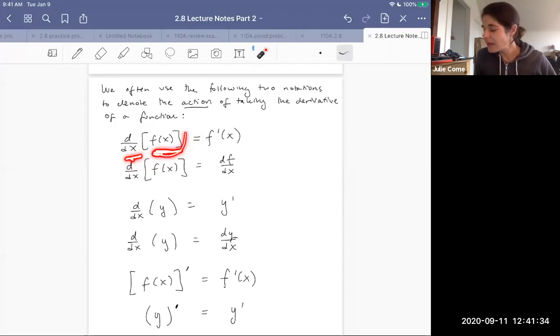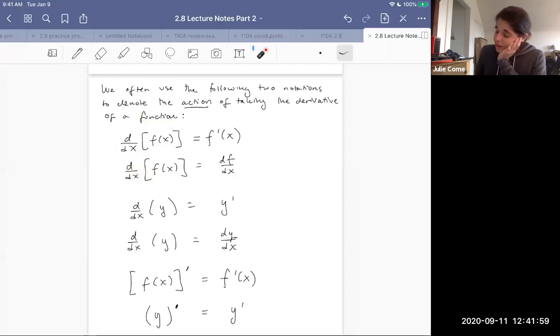And once we do that, what we get is in fact f prime of x. Similarly, if I have the f of x notation and I want to take the derivative with respect to x of that f of x, I can write the resulting derivative function as df dx. We saw that in the previous columns.